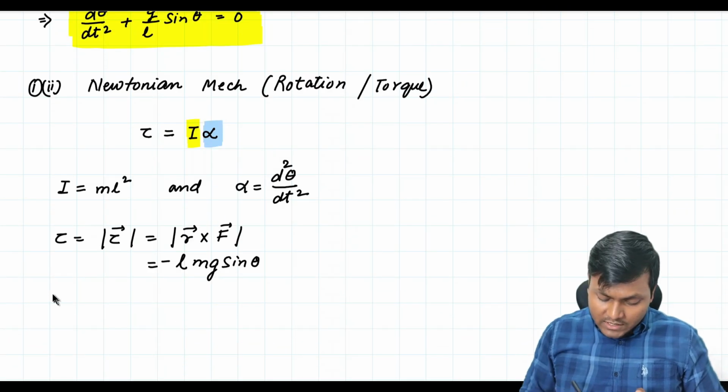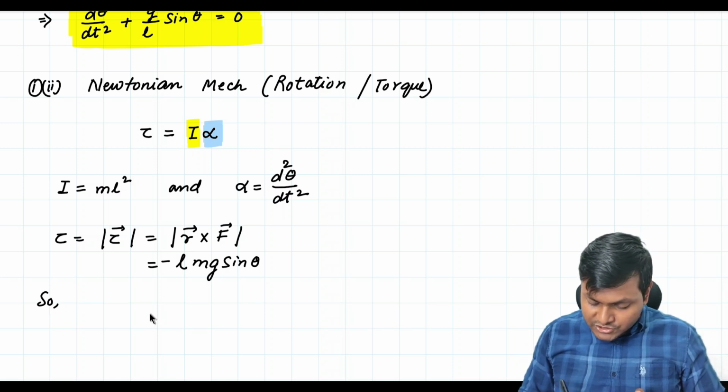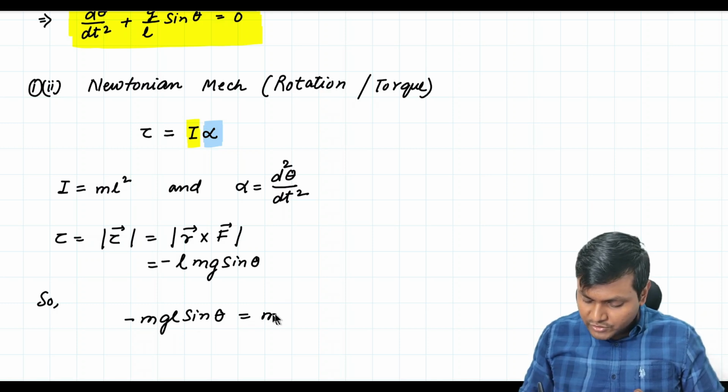So this simply becomes an equation where minus mgL sine theta is equal to the moment of inertia, mL square, times alpha, which is d2 theta upon dt2.